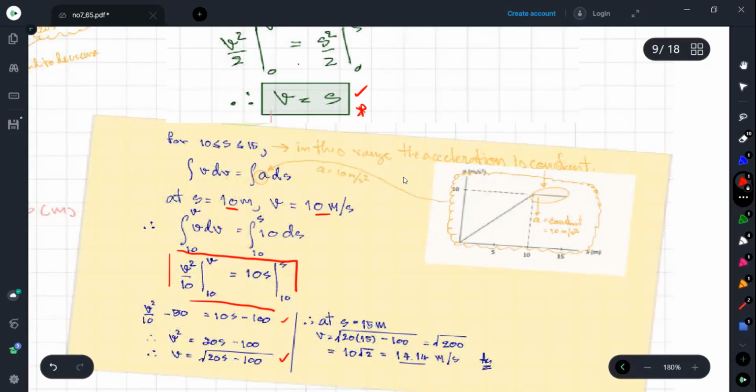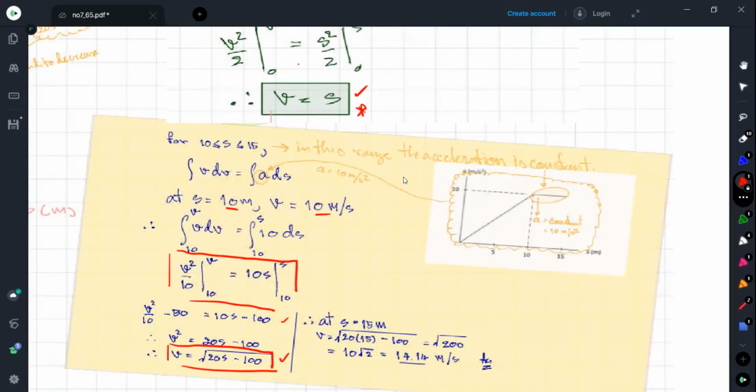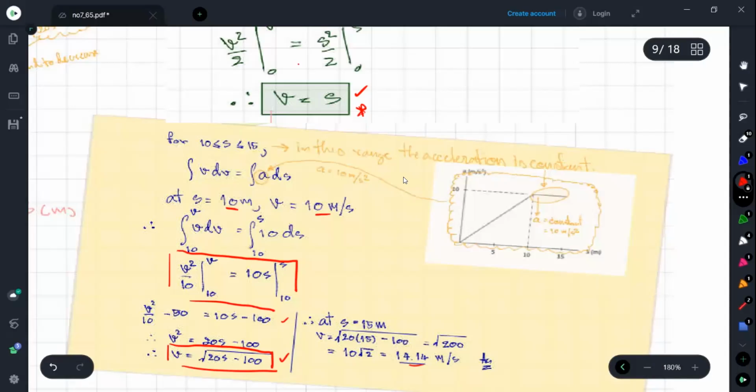And we can determine the velocity for this case as V equals the square root of 20S minus 100. If we would like to find the velocity at S equals 15 meters, we have V equals 14.14 meters per second.